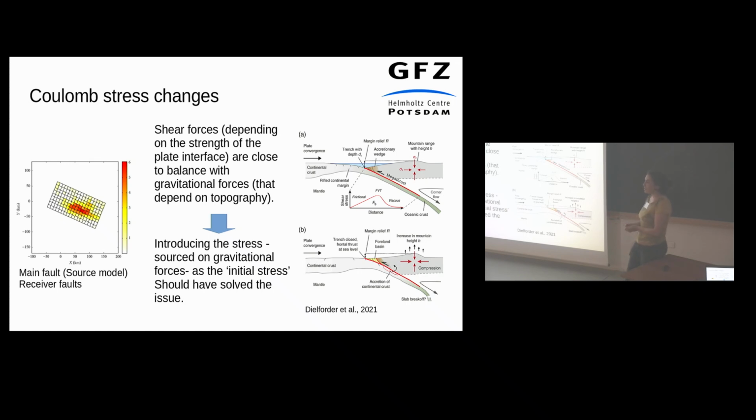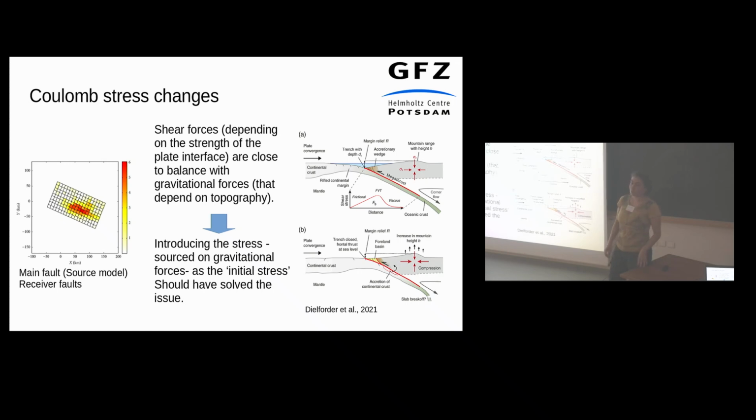Knowing that there are studies that have shown that shear forces and gravitational forces are near balance and catch up to each other, I thought that if I want to measure the effects on these faults of this coseismic Splay fault, then I would need to include gravitational forces as an initial state of stress of the crust to see the actual effects on these faults.